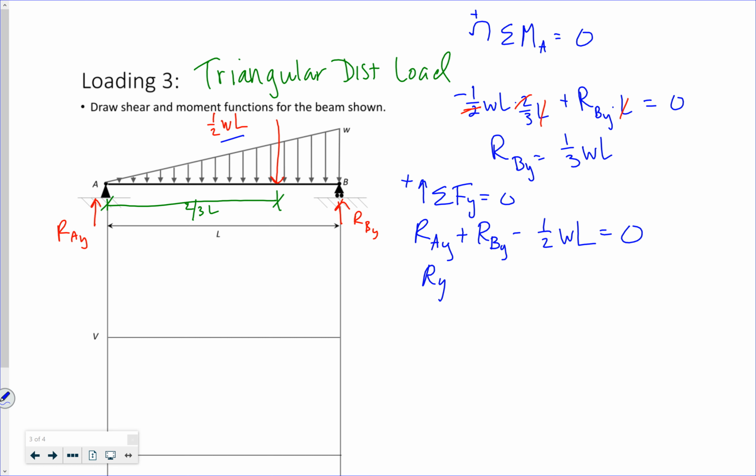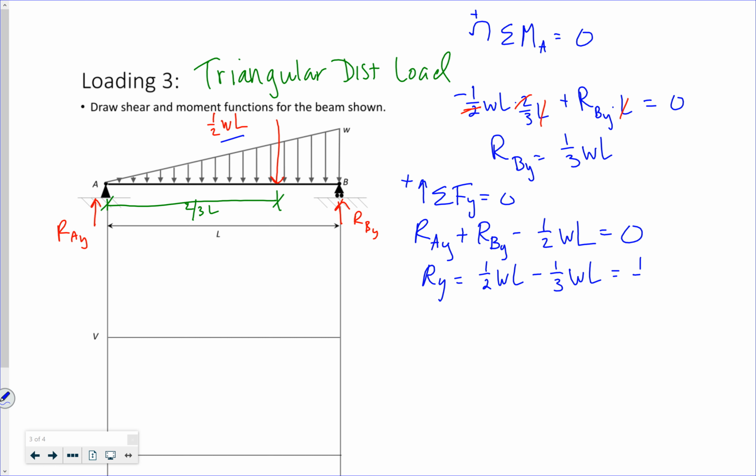So my reaction at A is my applied force, 1/2 WL minus 1/3 WL, which is 1/6.